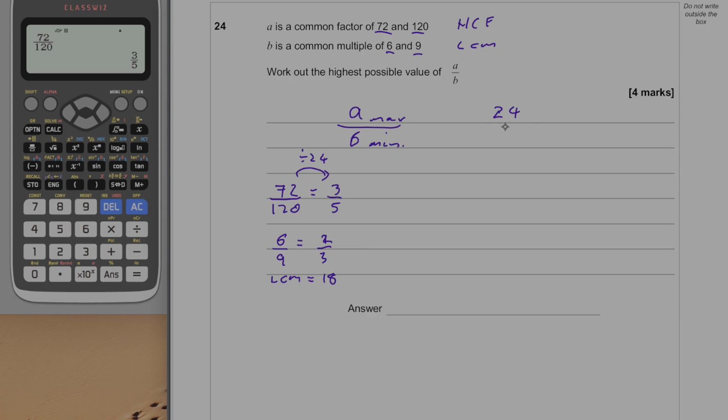So I'm looking at the highest possible value of 24 over 18, which is 4/3 or 1 1/3. I'm going to leave it as 4/3.